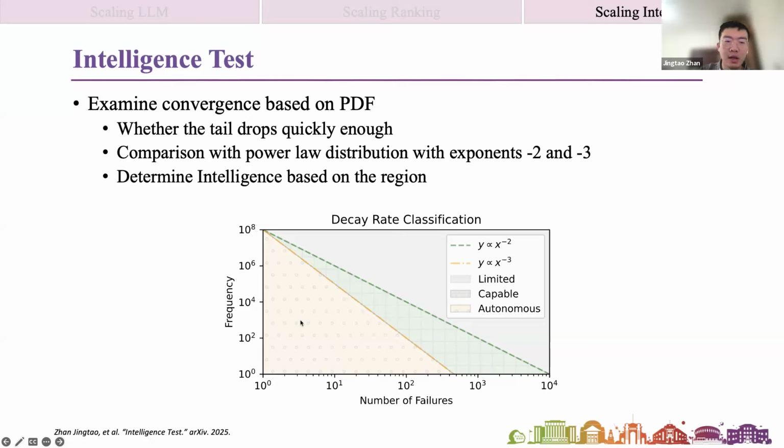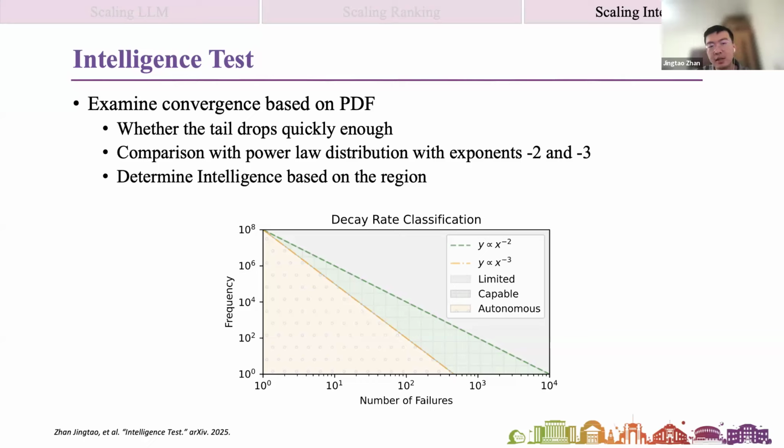If the distribution falls along this yellow region, it belongs to the autonomous level. The decay rate is faster than -3. So we can determine the intelligence level based on which region the failure count distribution falls in.